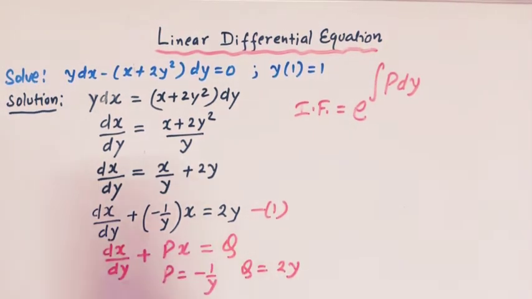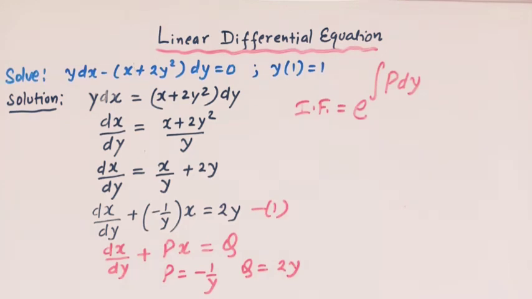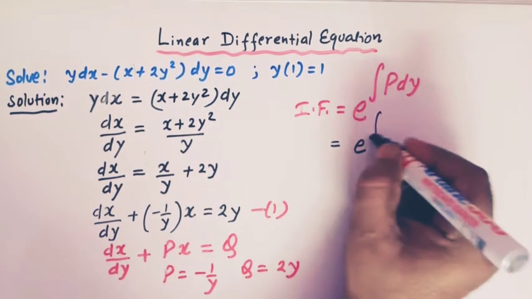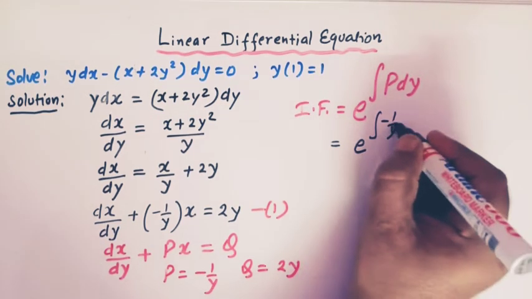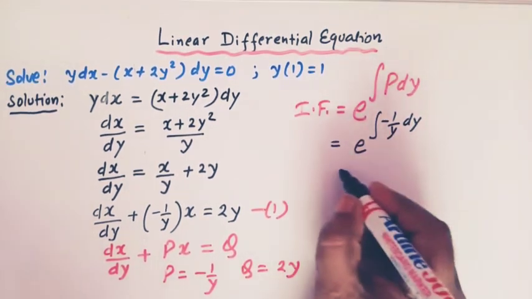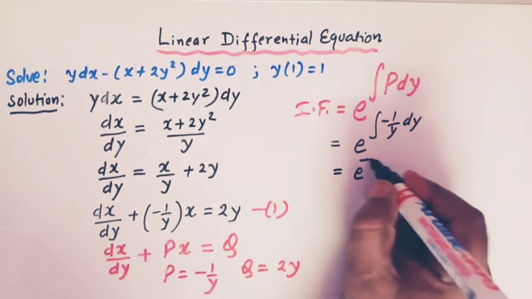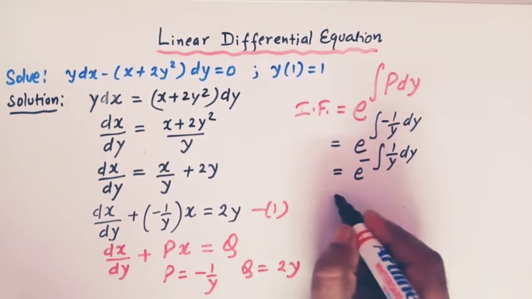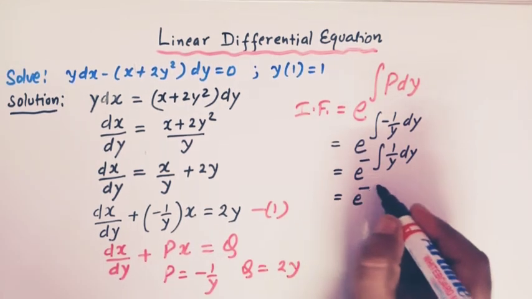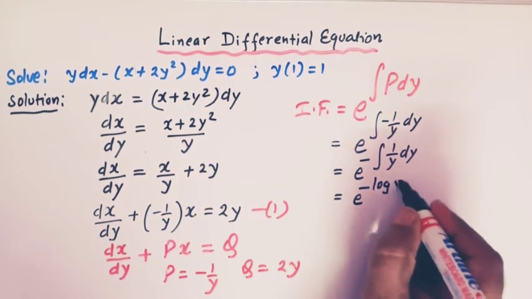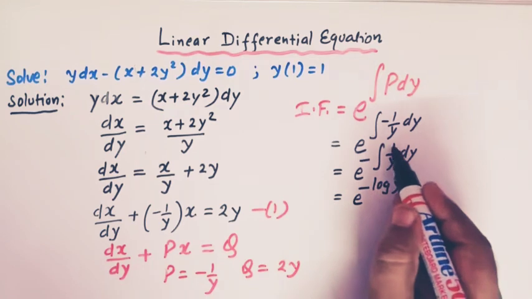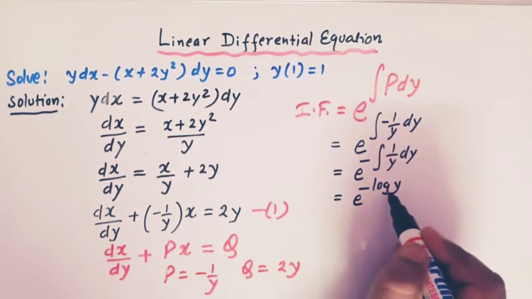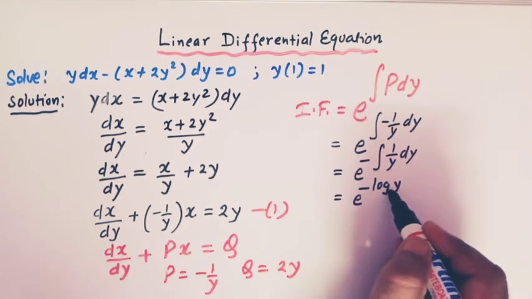Now the value of P is minus 1 over y, so we have e raised to the integral of minus 1 over y dy, which is e raised to minus the integral of 1 over y dy. This is e raised to minus log y, because the integral of 1 over y dy is log y, where the base is e.